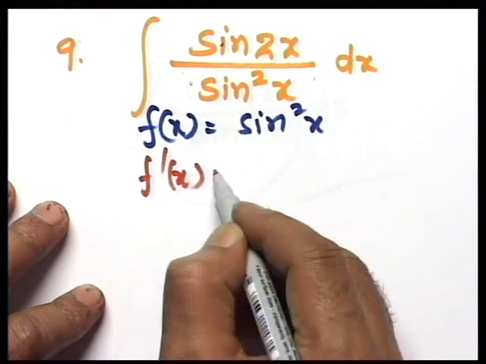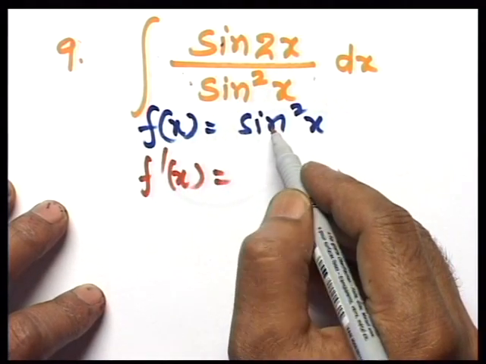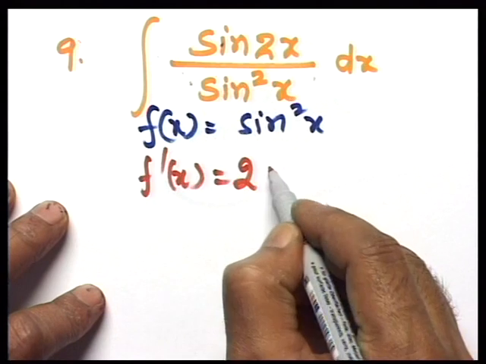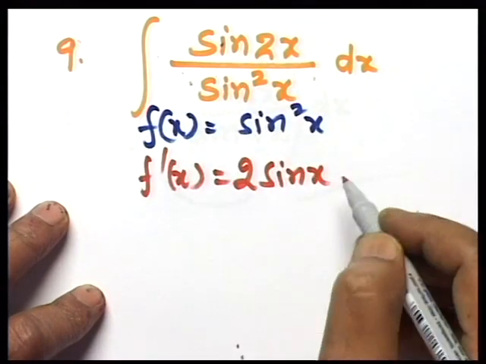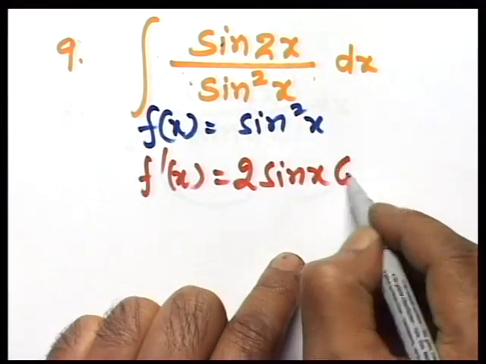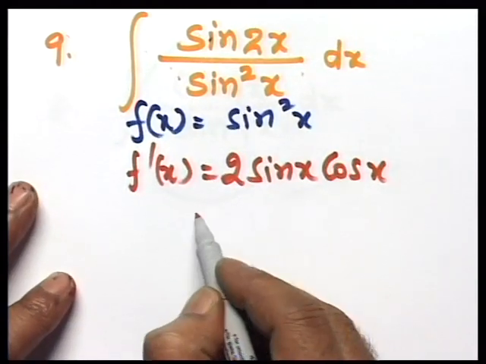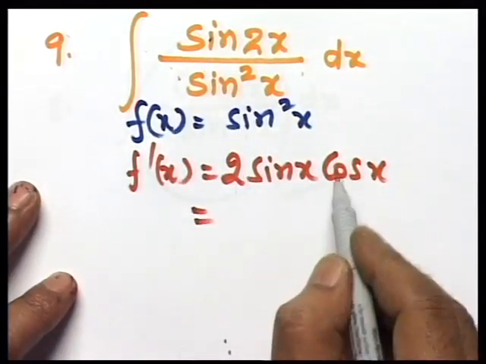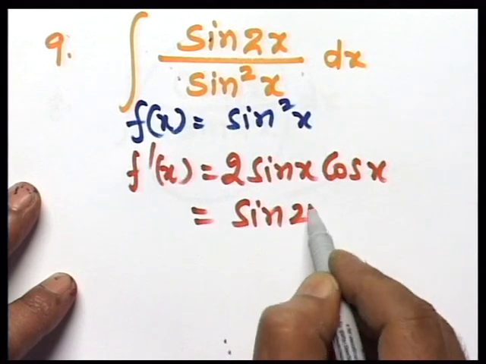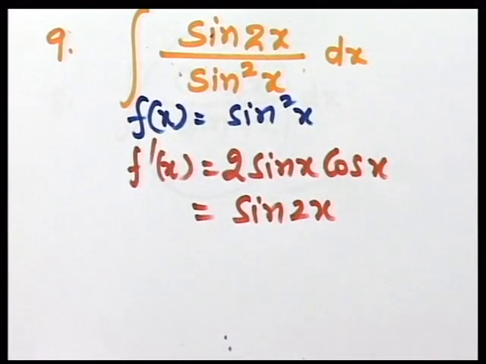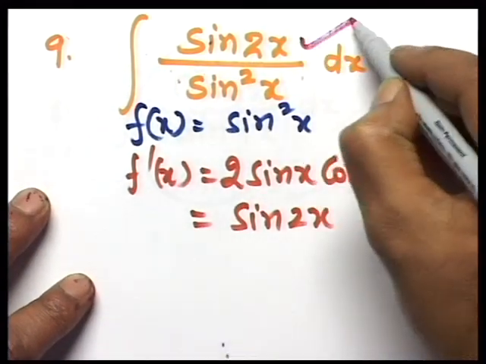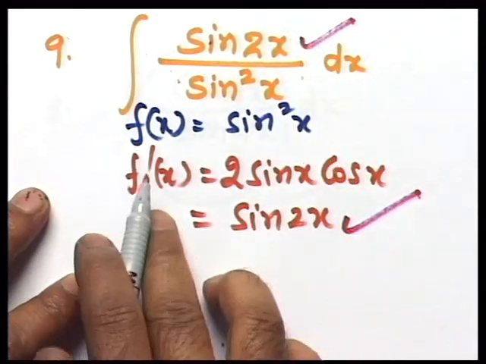F dash x is equal to differentiation of sin square, which is 2 sin x, and then we differentiate sin, we are supposed to get a cos x. Now this is nothing but sin 2x. Please understand, that's the double angles, isn't it? So numerator is exactly the same as f dash x there.